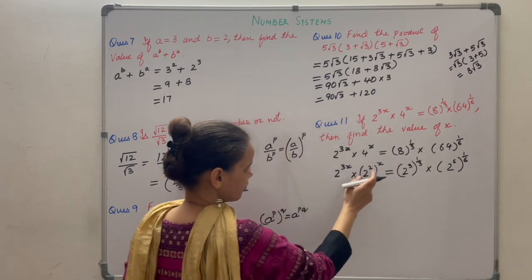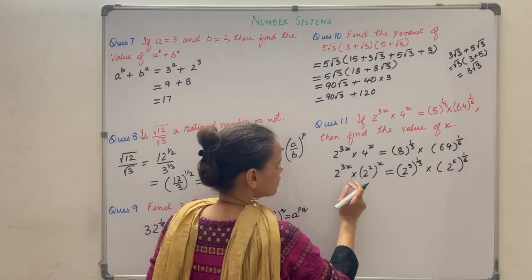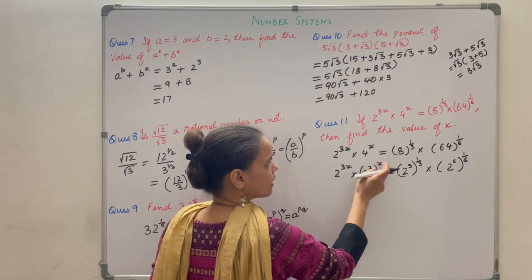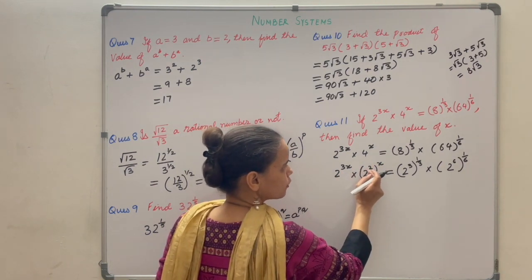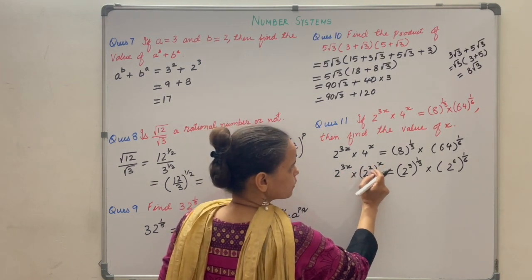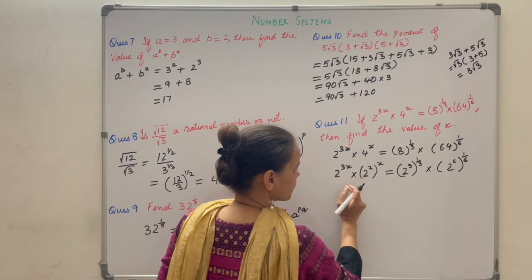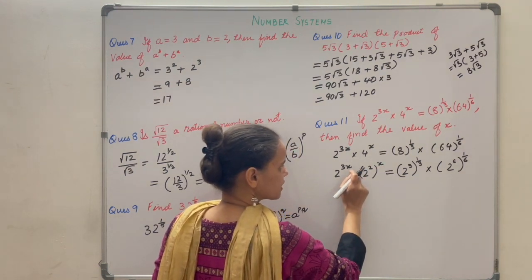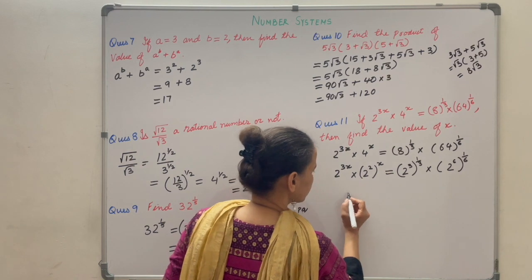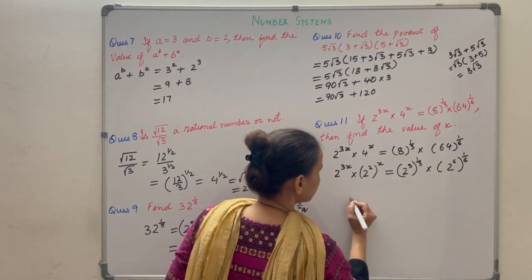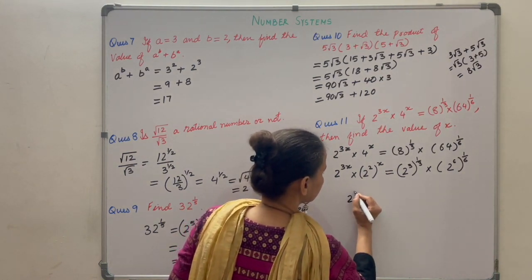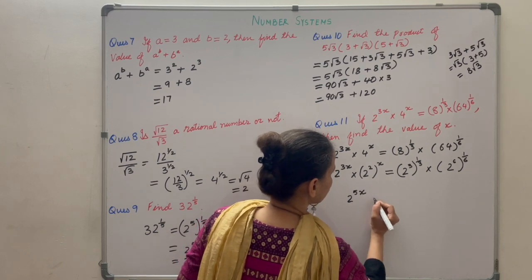Now let us simplify it further. So here the bases are same, so we will add the exponents. You can multiply these two numbers. So 2 into x will give you 2x. So you have 2 raised to power 3x here and you have 2 raised to power 2x. So when you add them, what will you get? 2 raised to power 5x.